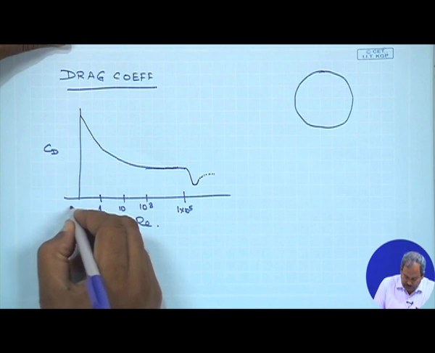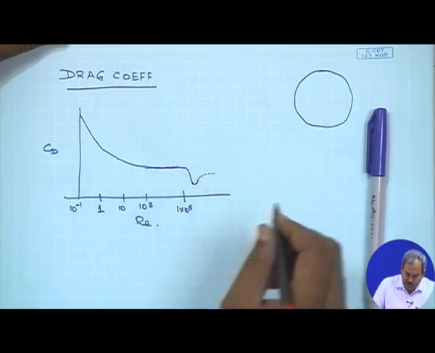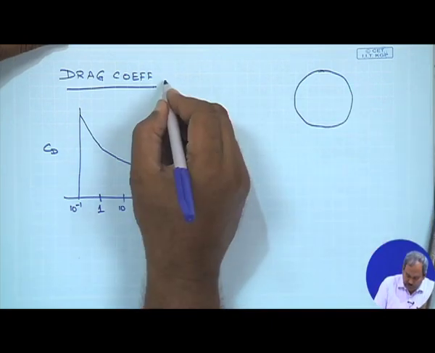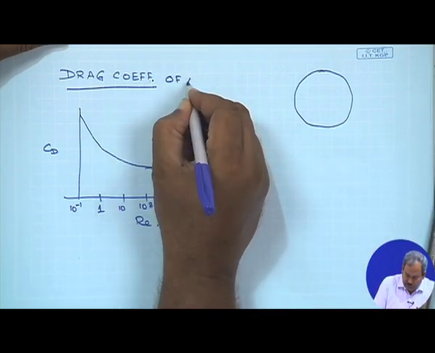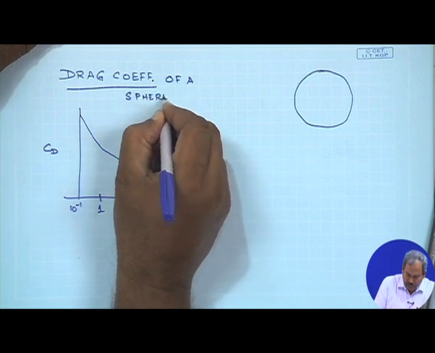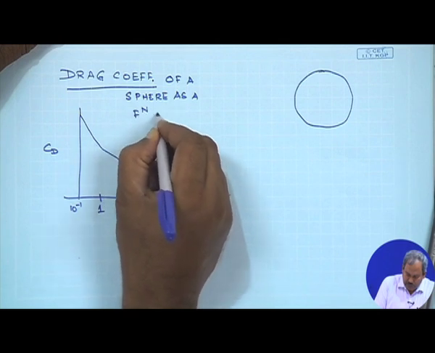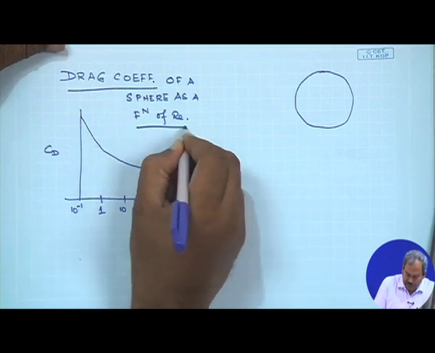I am not drawing it to true scale, but this is the drag coefficient of a sphere as a function of Reynolds number.